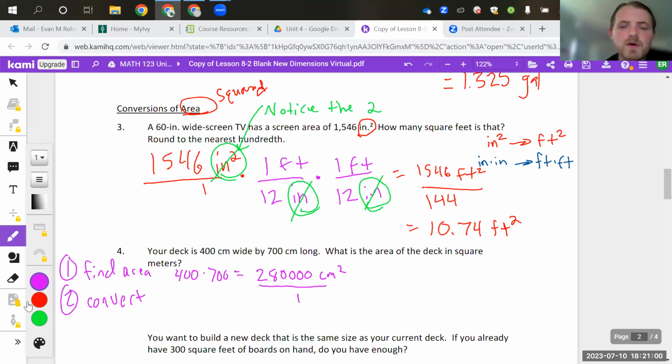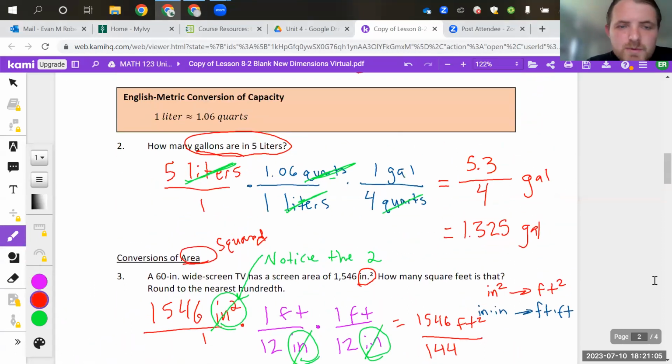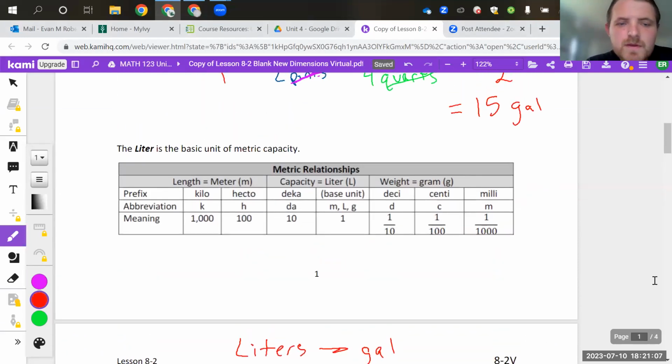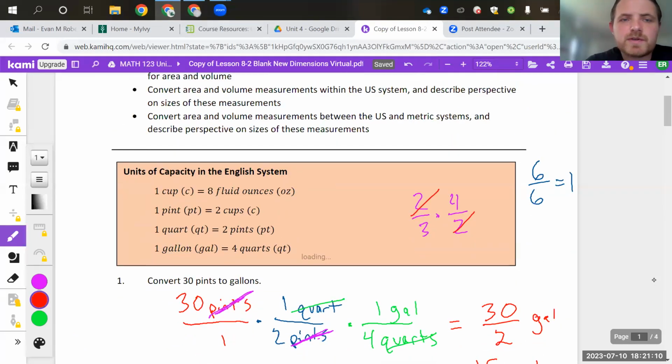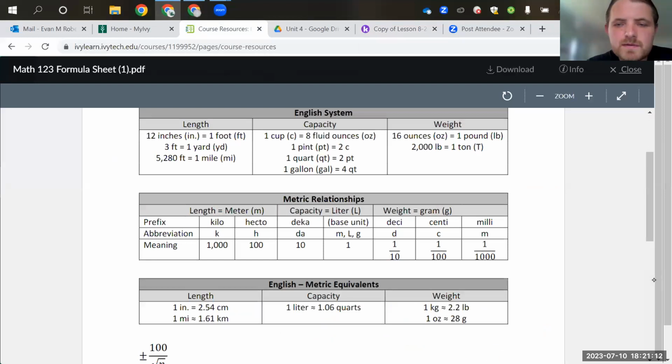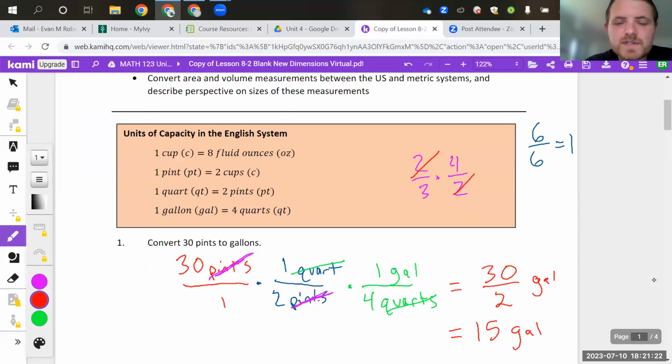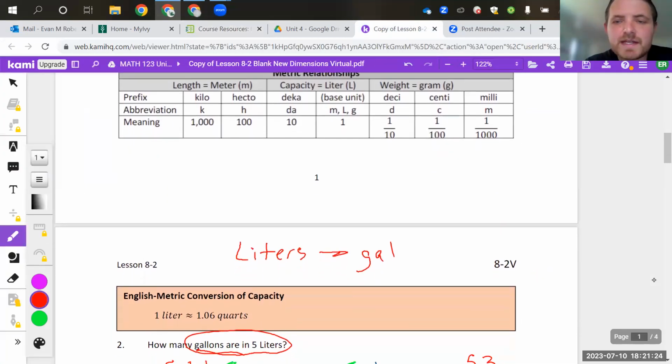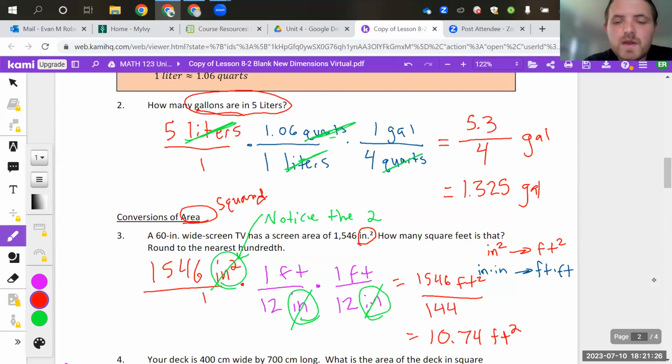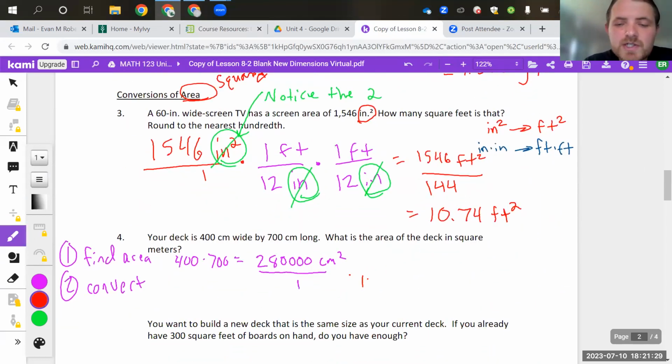Okay. So converting that, according to our chart up here, you can kind of do it however you want. We're looking at centimeters and meters. There's 100 centimeters in every meter. So if there's 100 centimeters, that's going to go on the bottom because of the centimeters that was on top before.